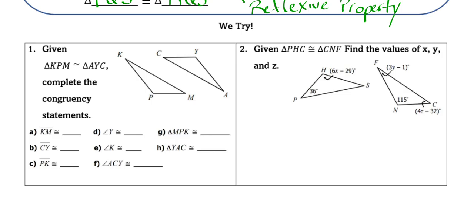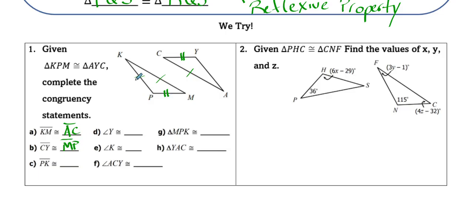All right, so for right here, no proofs involved. We're just trying to say all these congruent parts in these two triangles. So KM, that's this length, is congruent to AC. CY, that's this one, is congruent to MP.